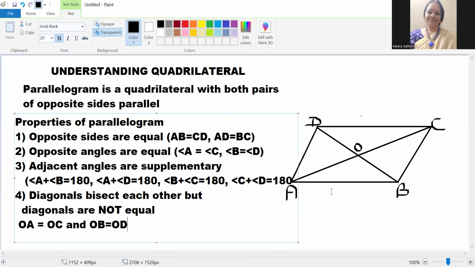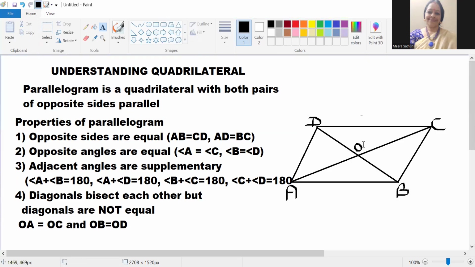Then some other speciality. Here, I will just put numbers to these angles. Angle 1, angle 2, angle 3, angle 4, angle 5, angle 6, angle 7, angle 8.